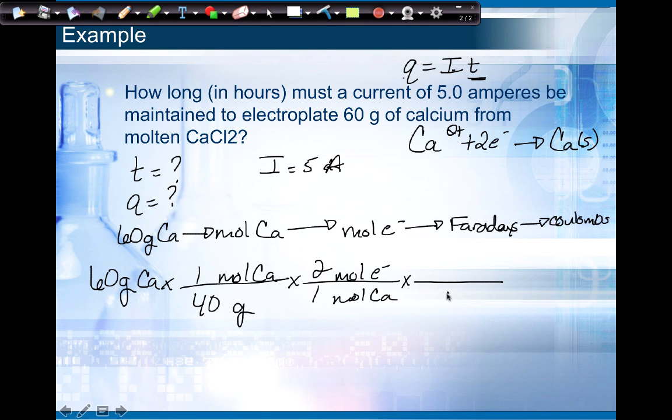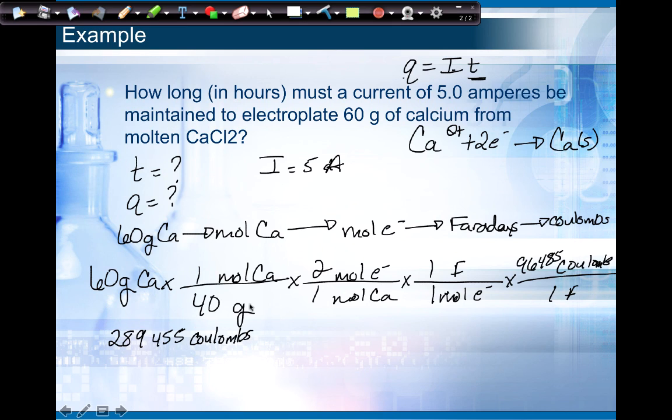Well, I know that 1 mole of electrons is equivalent to 1 Faraday. And if I know how many Faradays I have, I can convert that to coulombs, and that's going to be 96,485. All right, so I'm going to do that, and I get 289,455 coulombs.